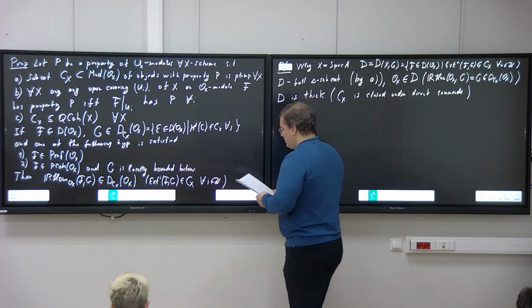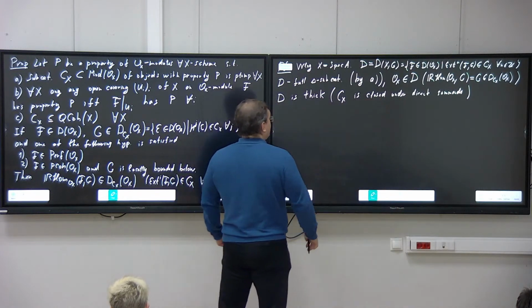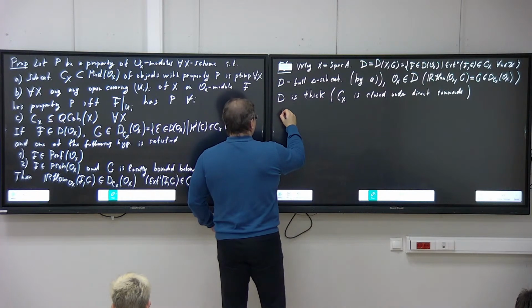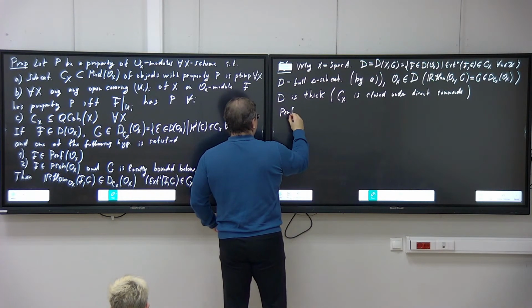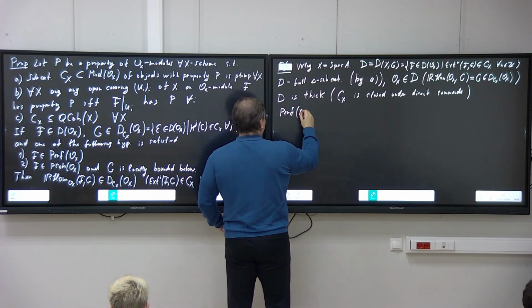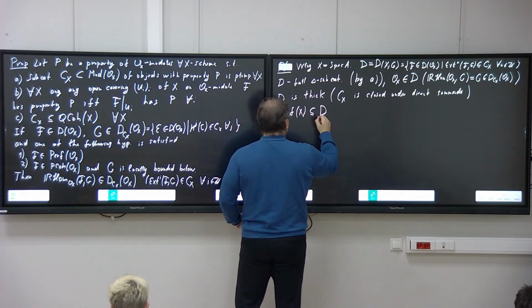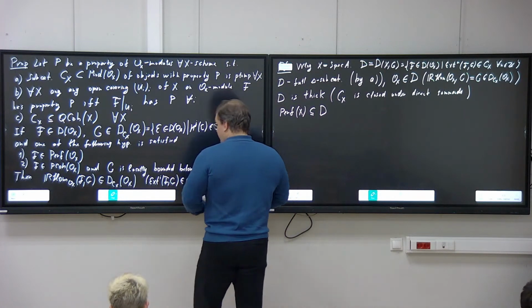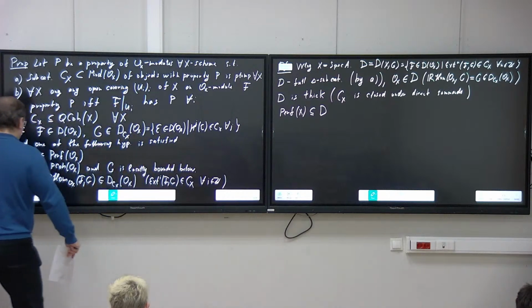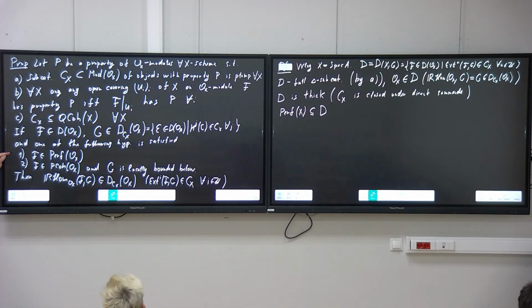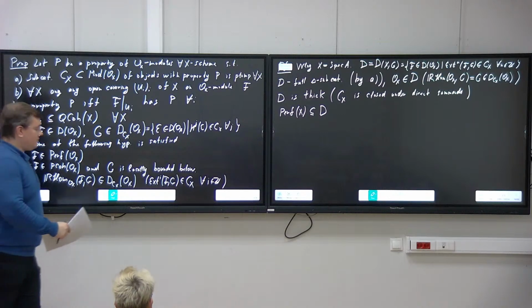So that's a thick subcategory that contains the structure sheaf. So it contains the perf of X. So that's a subcategory inside D. And this proves part 1. Right? For any perfect, we have the result.